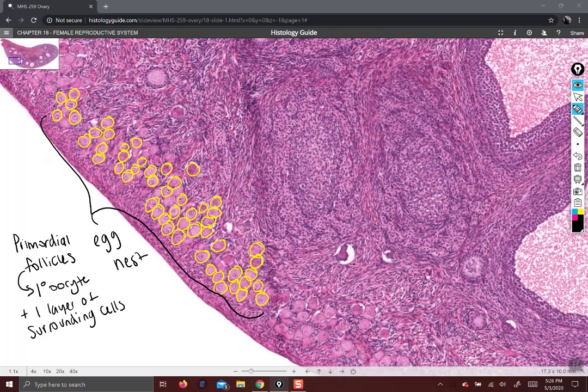They are all primary oocytes that are arrested in the early stages of meiosis, so they're not capable of giving rise to additional oogonia anymore. So that means that the population of primordial follicles that one is born with, that's all the potential eggs one will ever have, which is why the fertility window for females is different than for males. Lack of stem cells is the key there.